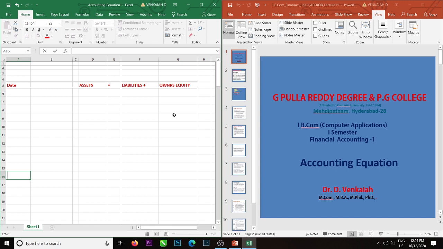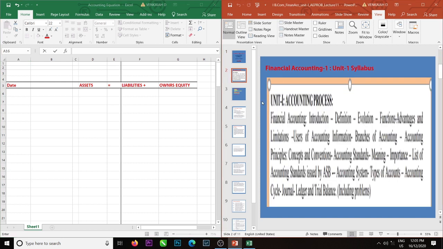So before that, let us try to understand what exactly the accounting equation is. This is our syllabus. You can't find the accounting equation in the syllabus, but you are understanding the accounting concept, that is the dual aspect concept. We are practicing this accounting equation.